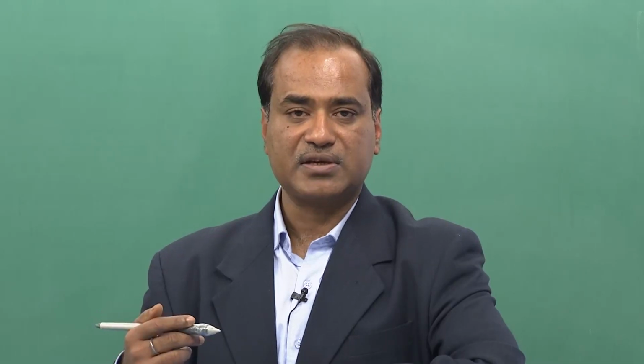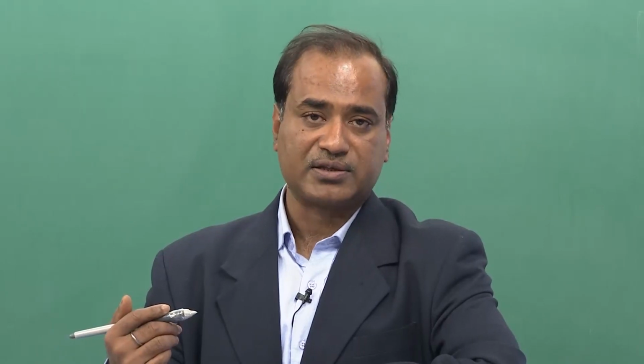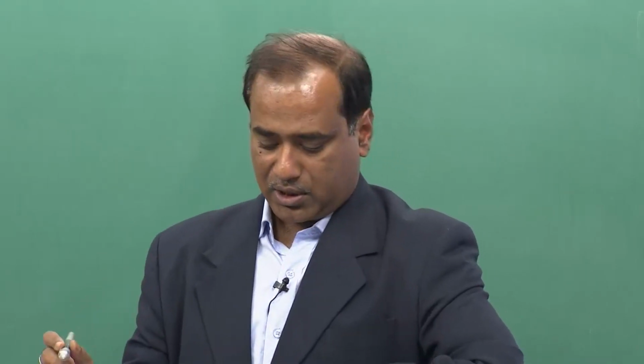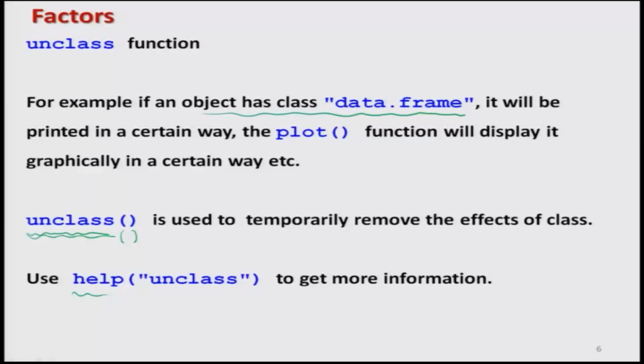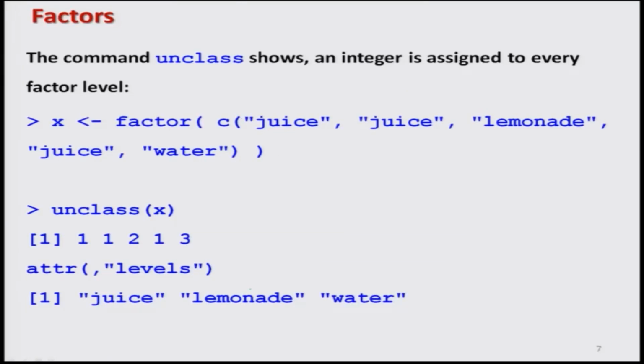That means the same variable was classed, now I want to unclass it. Okay. Now, in case you want more information on this function unclass, please use the help function to get more information, and we will come back to our original example which we were considering.